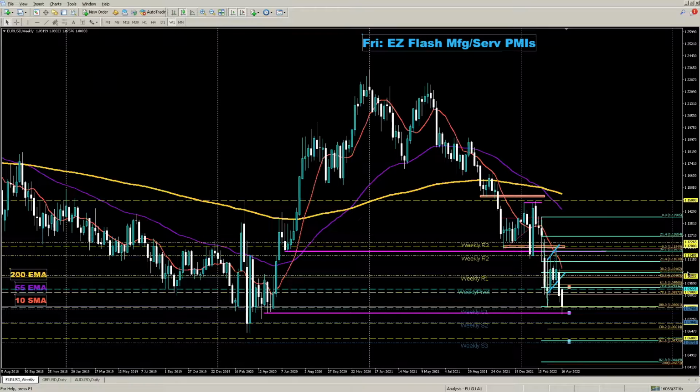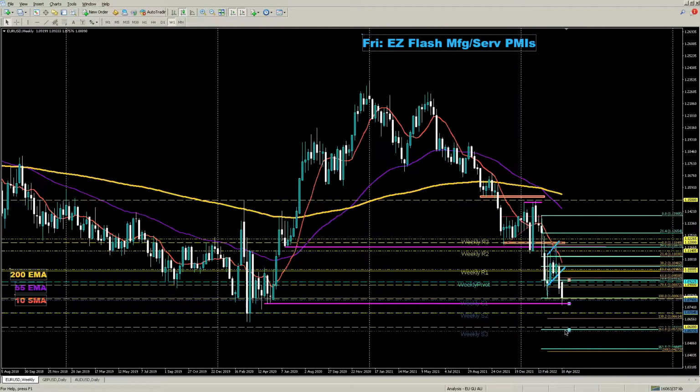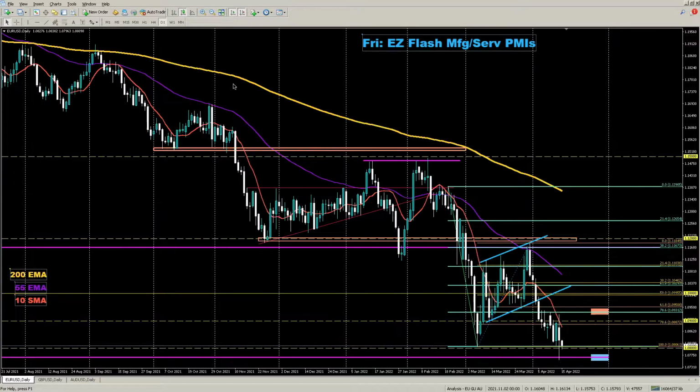So it's steadily drifting lower, heading towards the 107 first and then the 106 round figures. This week there's only minor news with the Eurozone flash manufacturing and services PMIs across all the major economies.